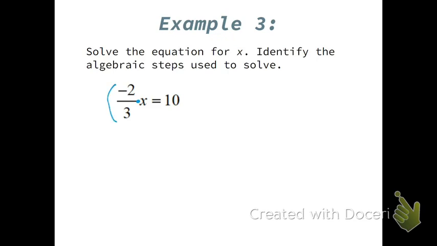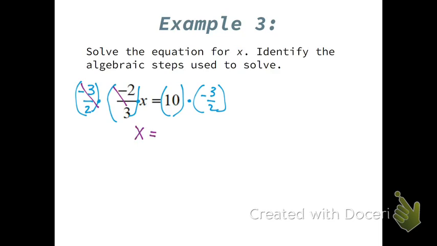The way we're going to undo multiplying by a fraction is to multiply by the reciprocal. So we're going to multiply both sides by negative 3/2. When you do negative 3/2 times negative 2/3, you get 1, so 1x.